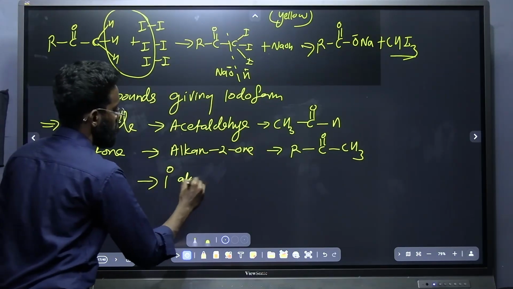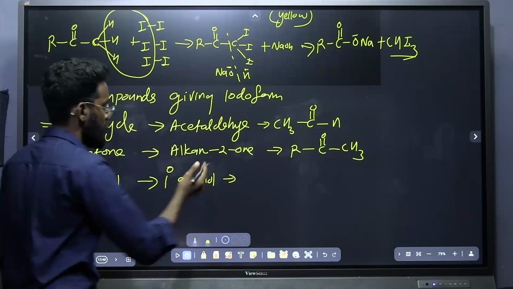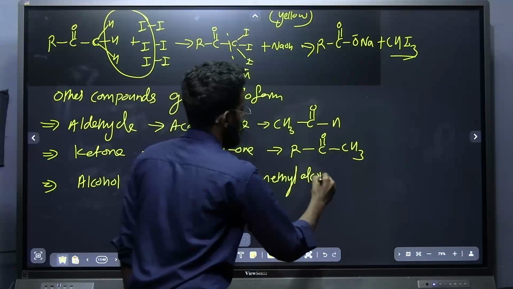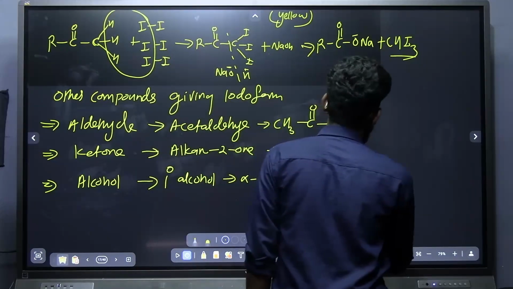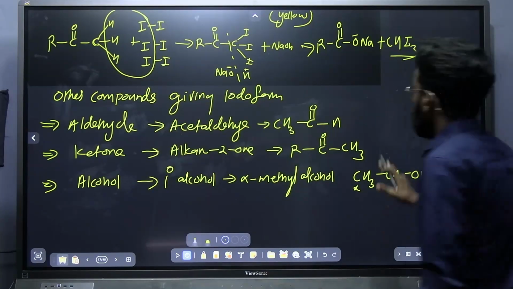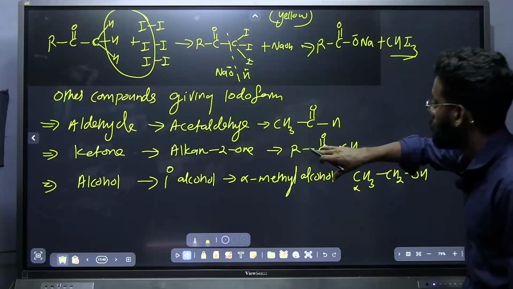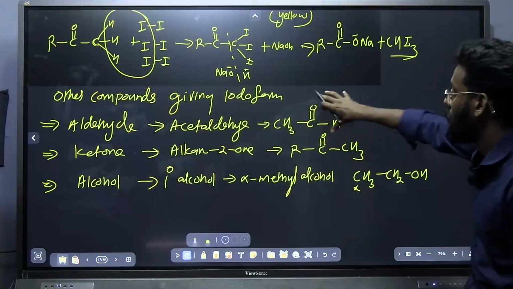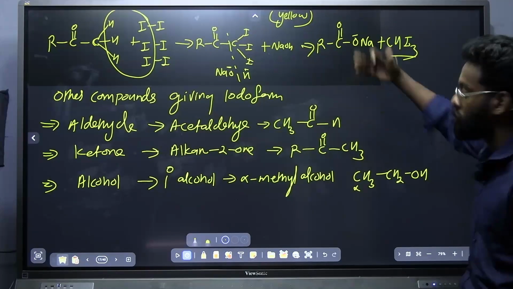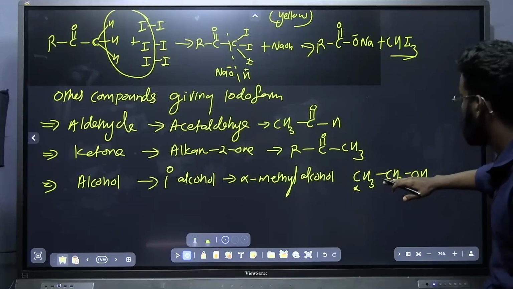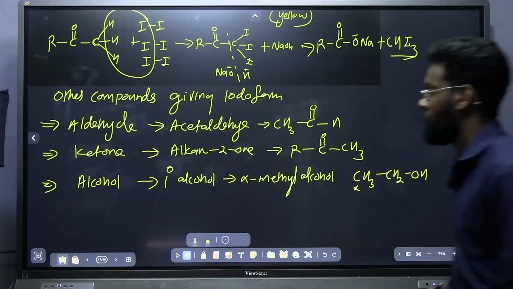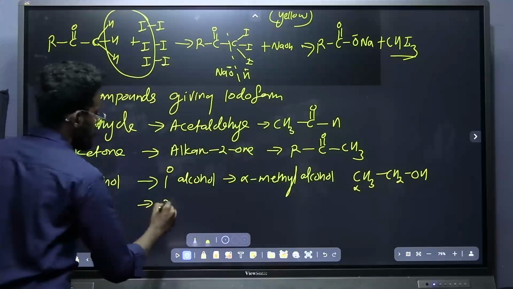In the case of primary alcohol, only ethanol, that is CH3 CH2 OH. Why do acetaldehyde and alcohol give the iodoform test, apart from methyl ketone? Because they can convert to methyl ketone. This alcohol can be converted to methyl ketone and then give the iodoform test. And what about secondary alcohol?